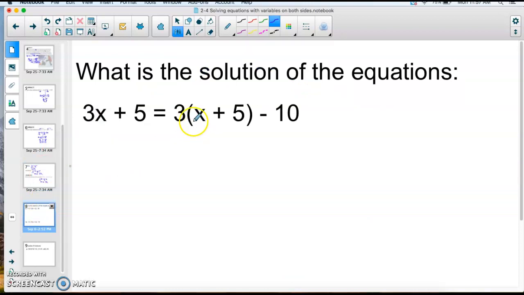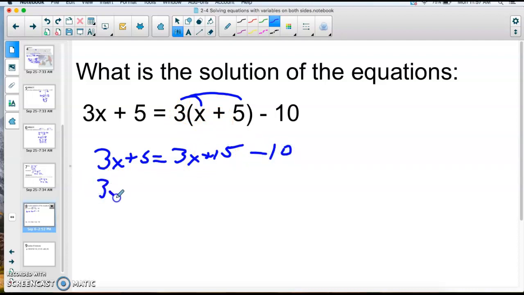Okay, last one here. What is the solution of the equation? Oh, we got 2 equations here. Okay, first step is parentheses. Okay, so we're going to do 3x plus 5 equals 3x plus 15, and then we still have our minus 10 sitting out here.